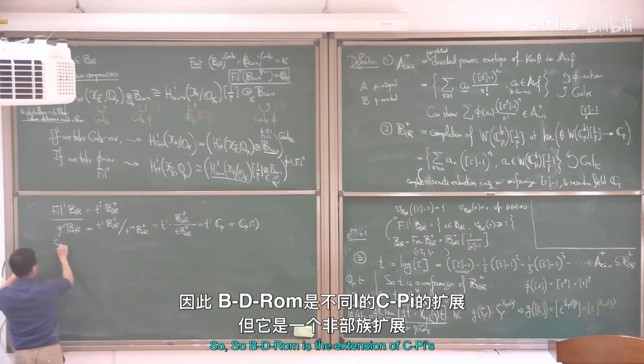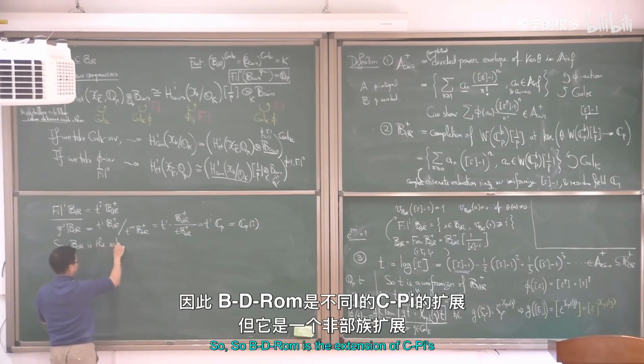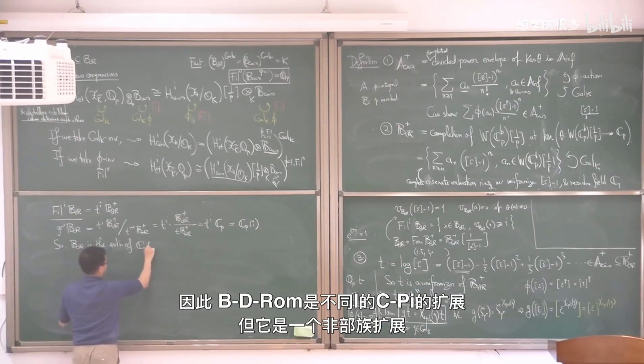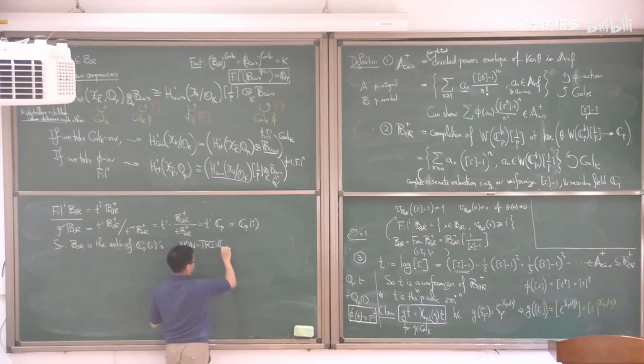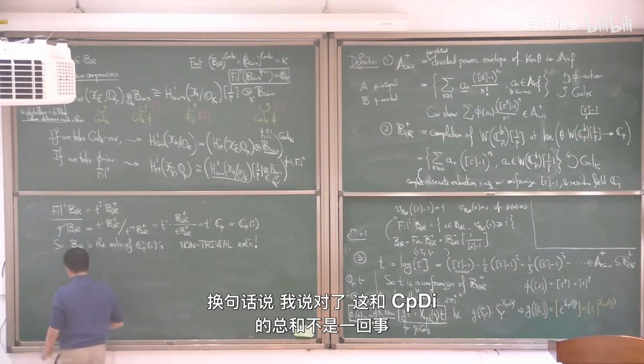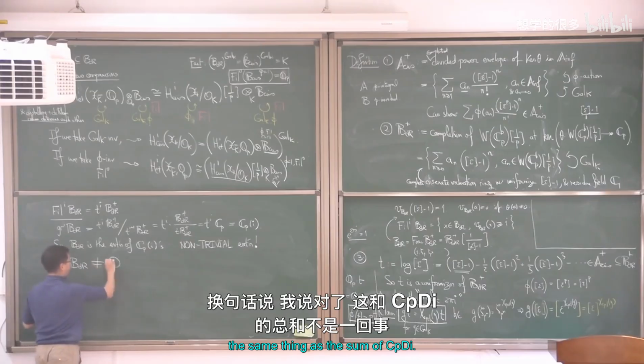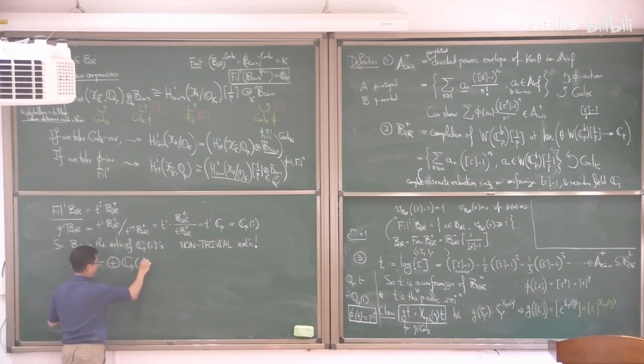So B dR is an extension of the C_p(i)'s for different i. But this is a non-trivial extension. So in other words, I deliberately write this is not the same thing as the direct sum of C_p(i).